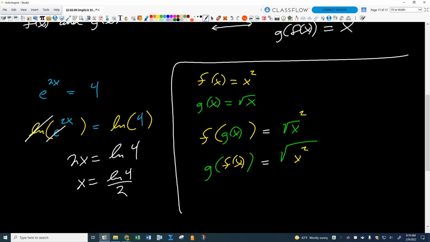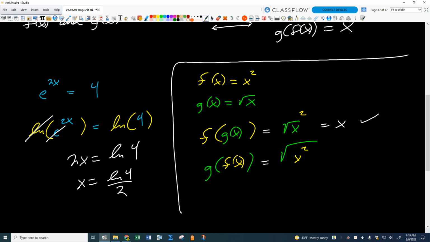Well, what is the square root of x quantity squared? That is x. Okay, so that seems to work. Check. So far, so good. It passed one of the two tests.